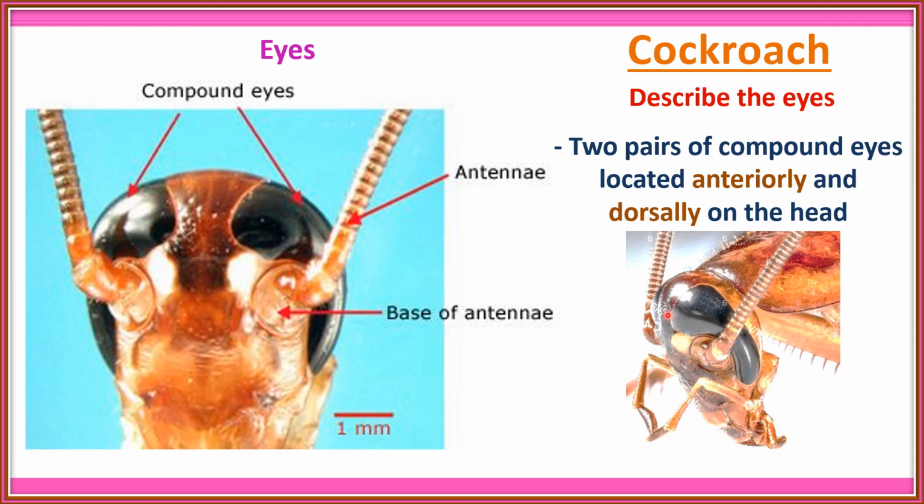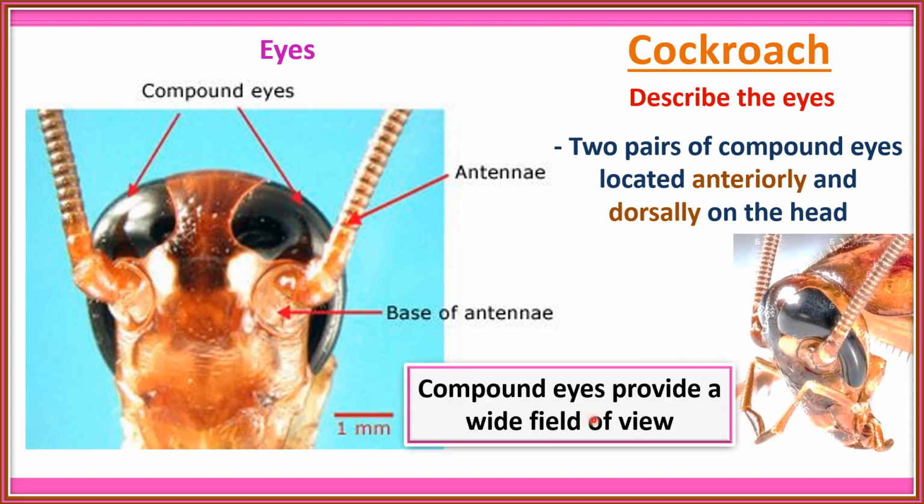Anteriorly means on the front side of the head. And dorsally on the head, they are on top of the head. Dorsolateral on top of the head. That's where the compound eyes are.